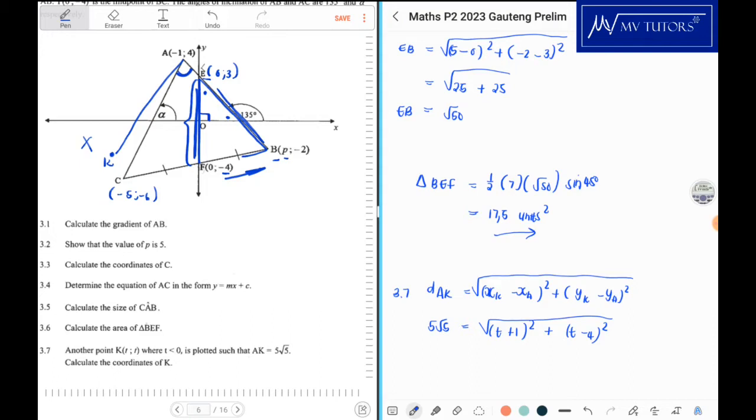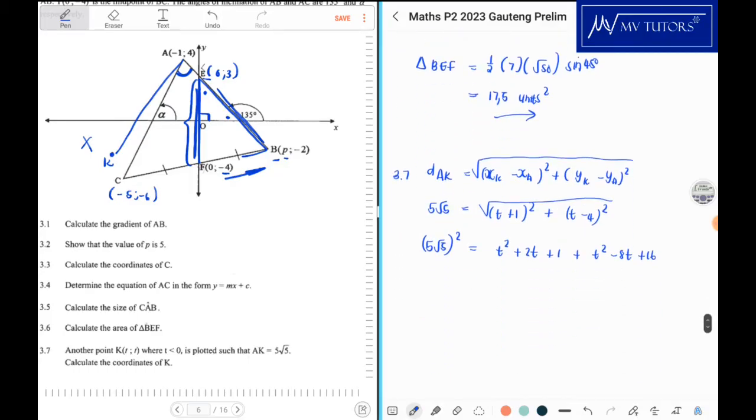Okay, so I'm going to take the square root to the other side. It's going to make my life a bit easier instead of having to take it with me all the time. So I have (t plus 1) squared plus (t minus 4) squared. I think it would be in our best interest to just get rid of the brackets and simplify. So (t plus 1) squared will basically be t squared plus 2t plus 1, and then I have plus t squared minus 8t plus 16.